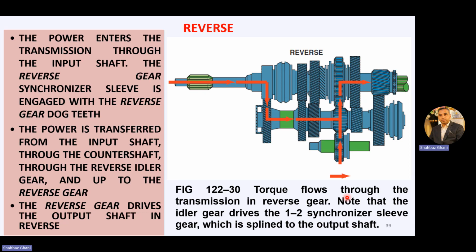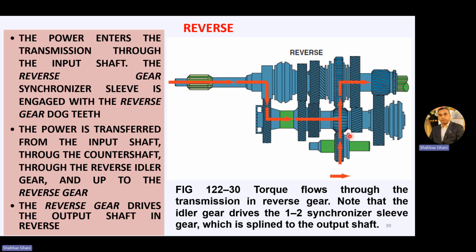So remember this thing. In modern transmission or the gearbox, we have a reverse gear with the synchronizer. But the previous version, which we were having, in reverse gear or in first gear, we do not have the synchronizers.